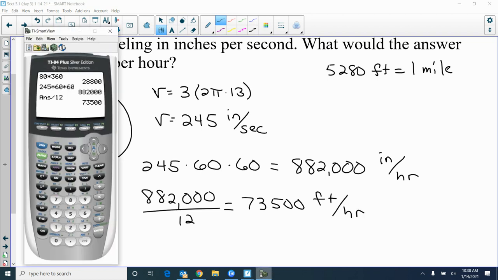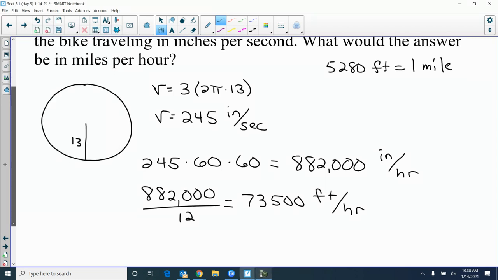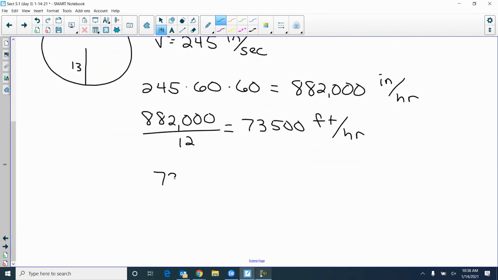And then take that divided by what? 5,280. And then we get 13.9 with the final answer. So we got 73,500 divided by 5,280 gives me 13.9 miles per hour. Okay, for that. All right, flip back.